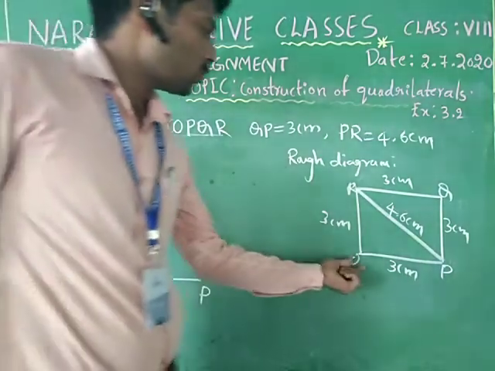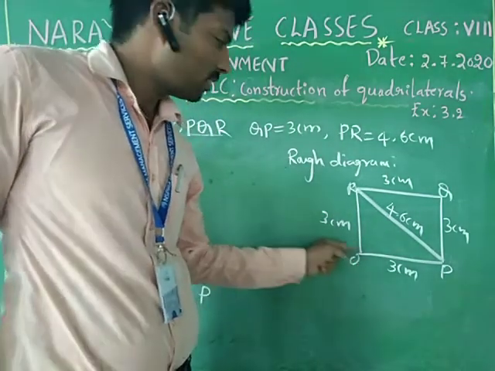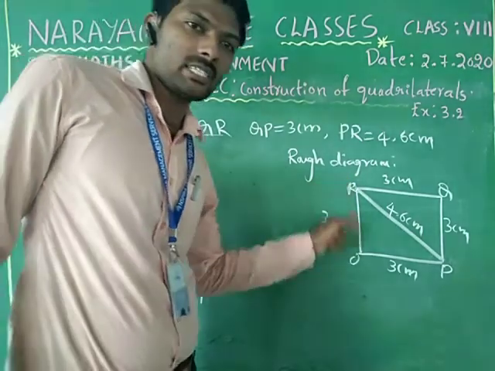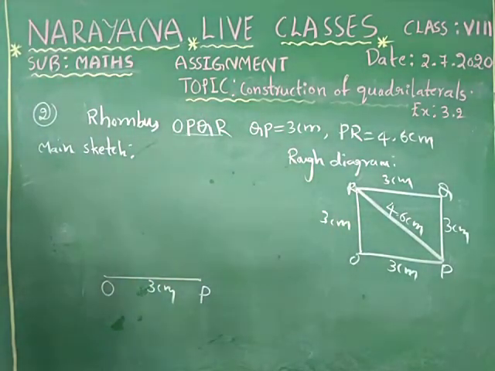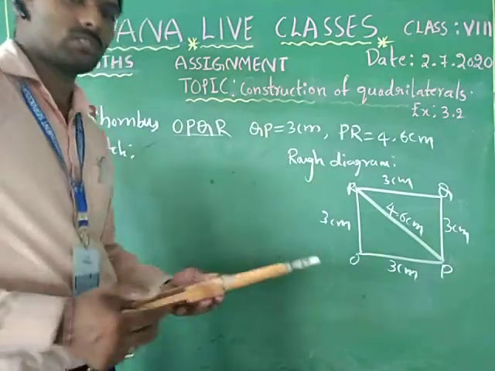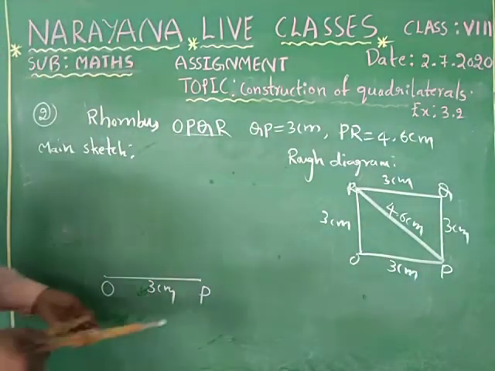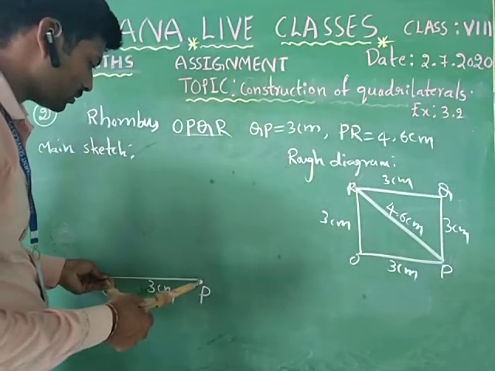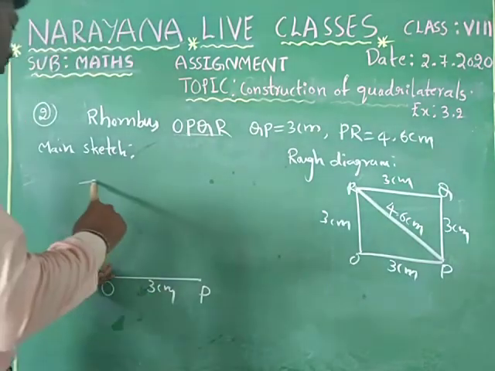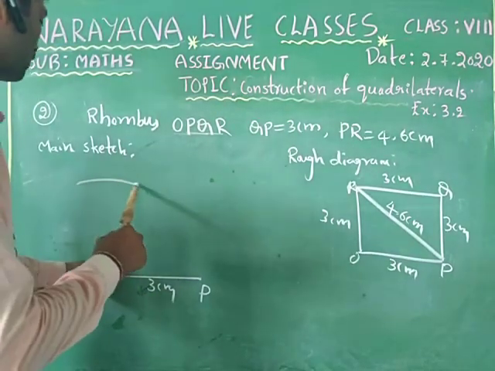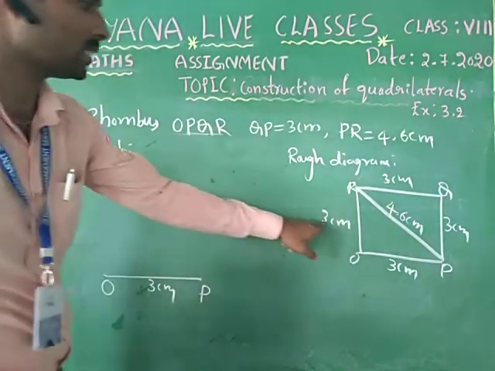Again, consider point O as a center with radius 3 centimeters. That can be done with the help of a compass. Draw an arc with radius 3 centimeters.